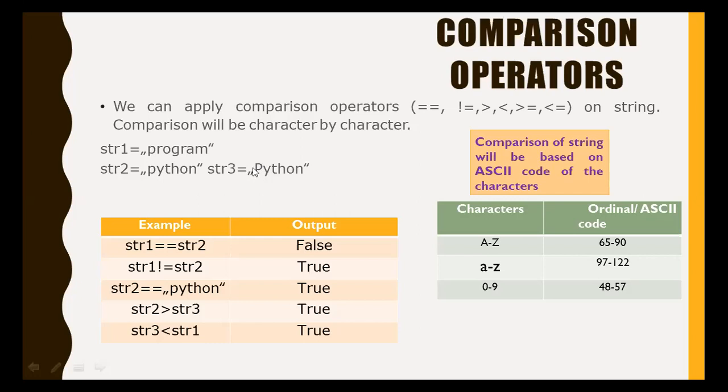Both will be treated as different because Python is case sensitive, as you know. Case sensitive means that once you write in small case, it is used only in small case. If you write any string with a capital, it must be written with a capital only. So both will be different.